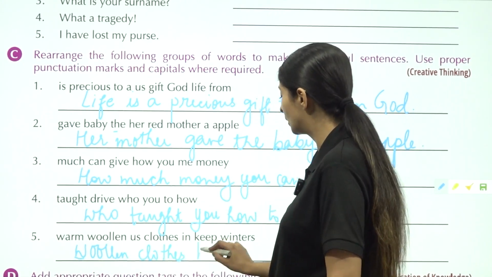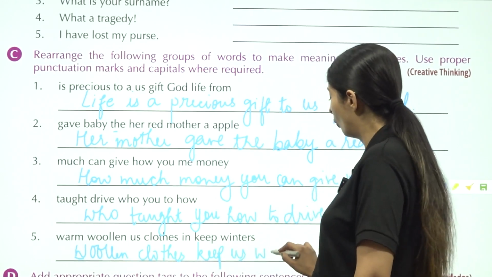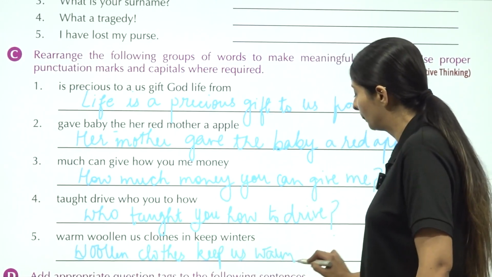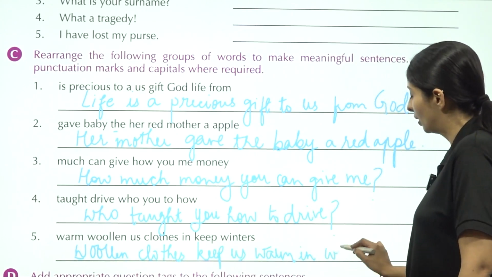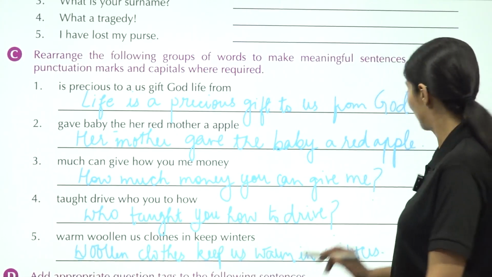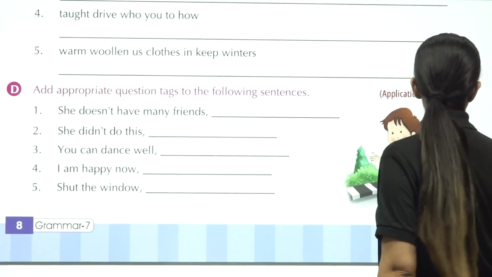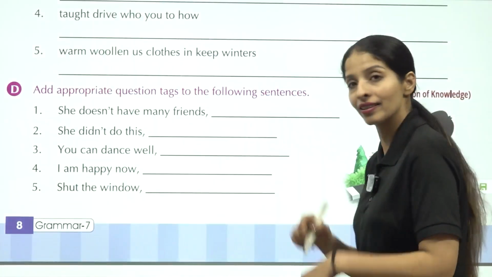Woolen clothes keep us warm in winters. Full stop.